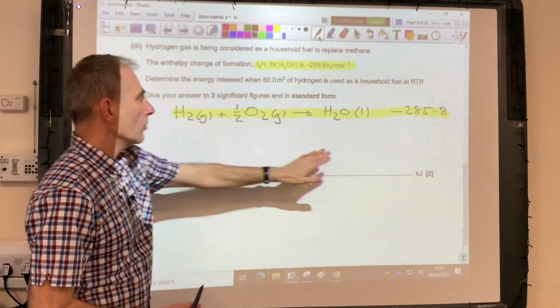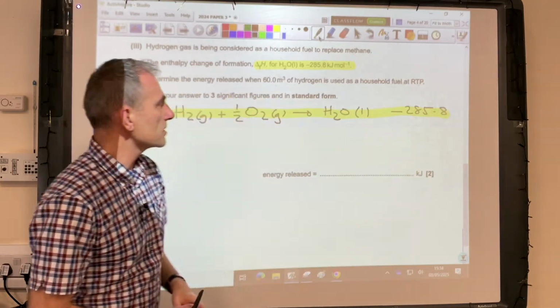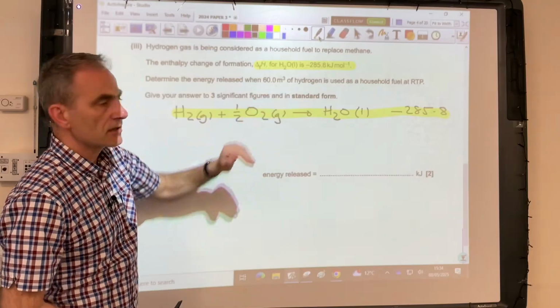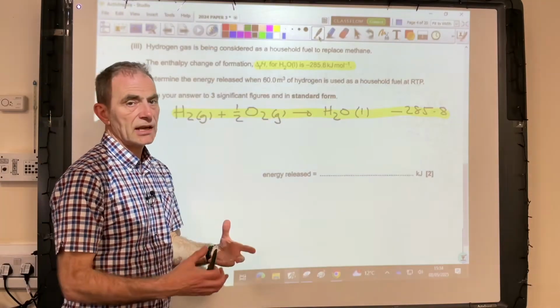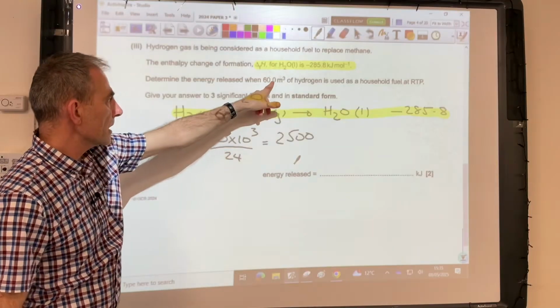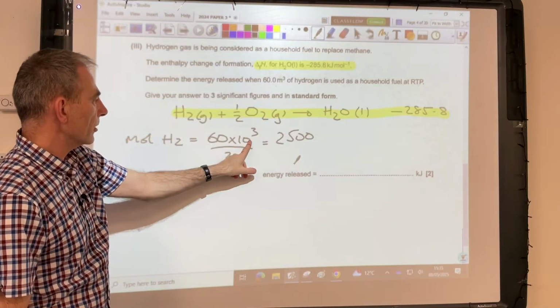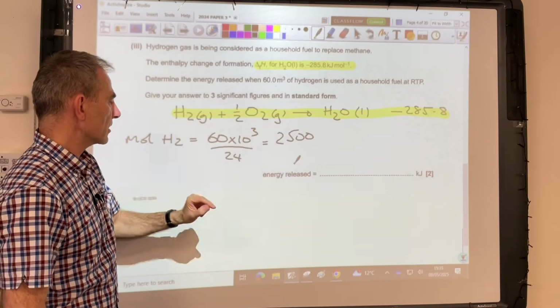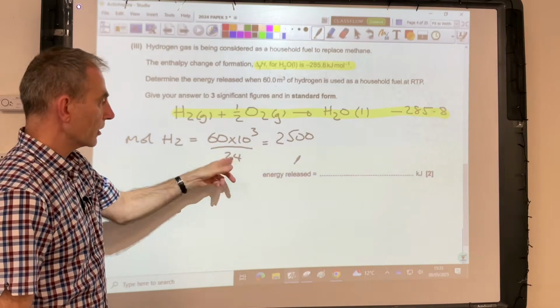So if we know what 1 mole will release, we just need to work out how many moles of hydrogen is in 60 cubic metres, and then we can just scale it up. The moles of hydrogen is the volume: metres cubed to decimetres cubed, we multiply by 1,000. So 60,000 decimetres cubed divided by 24, the molar gas volume.